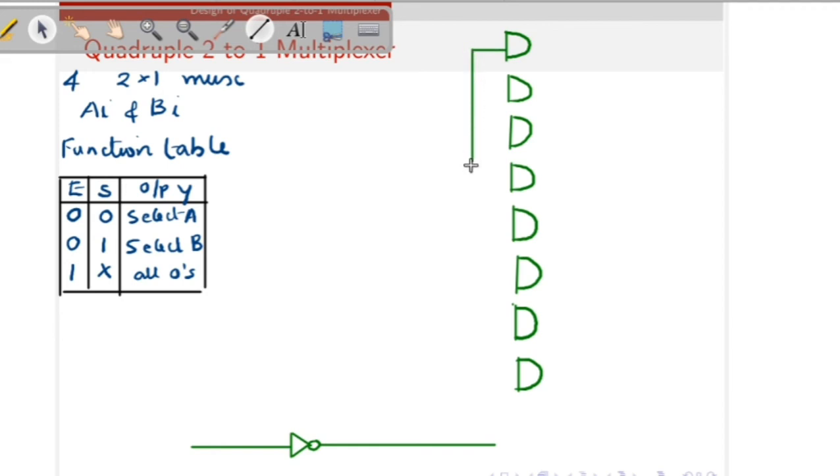So for the first AND gate, then for the second one, third one, fourth one, fifth one, sixth one, seventh one, eighth one. Then darken the connection points, otherwise we get confused with the crossing lines. So this is the enable input.